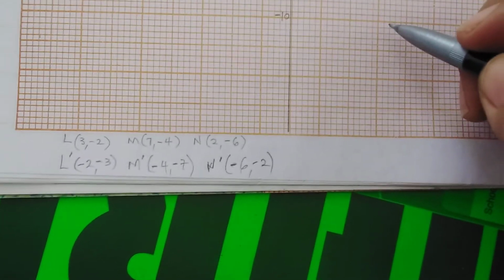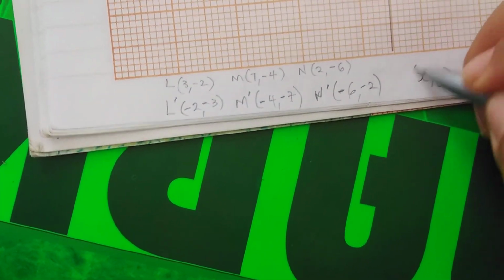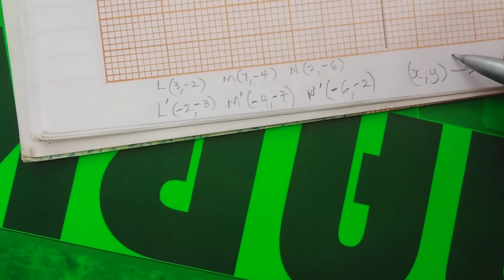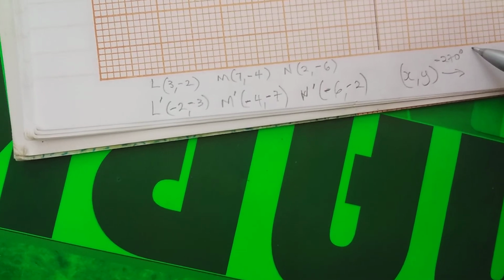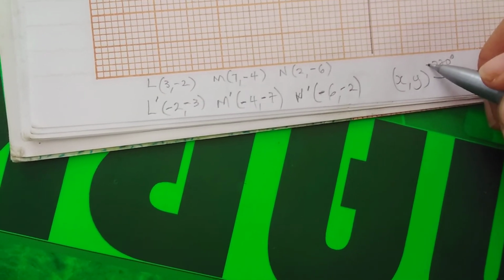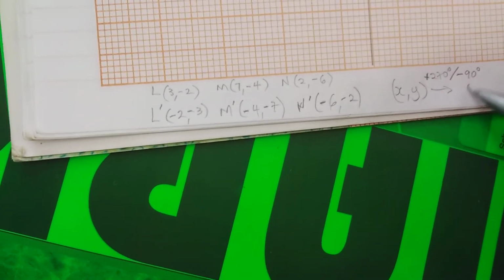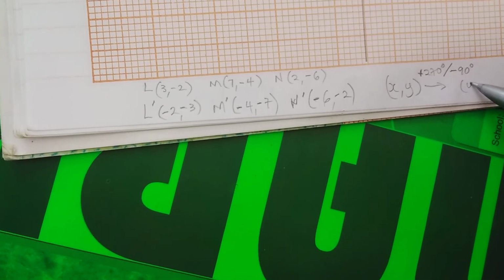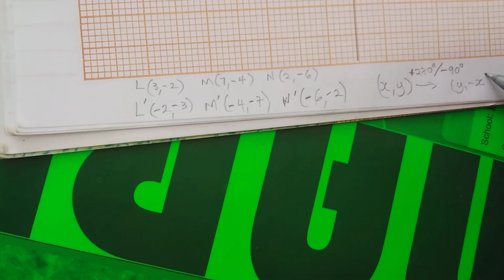So that's what we notice in our observation. Oh, sorry, that's anti-clockwise, where +270 is the same thing as -90. We will get the Y at the front and the X at the back, and the sign changes. There we go.